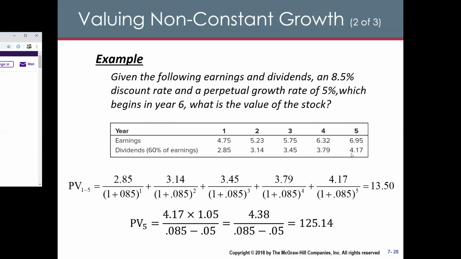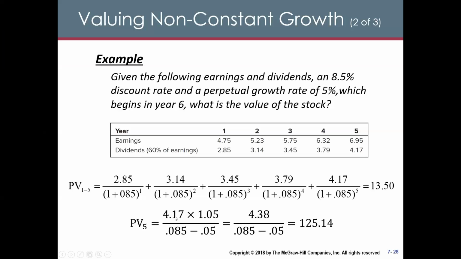To calculate the present value of all the dividends after year 5, you can use the formula: the dividend in year 6 divided by the discount rate R minus the growth rate G. Here in this example, the dividend in year 6 is 4.38, as I said before, divided by R 8.5% minus 5%.